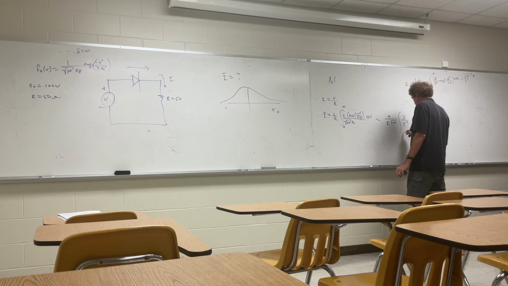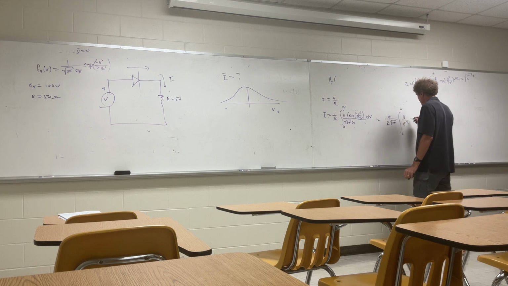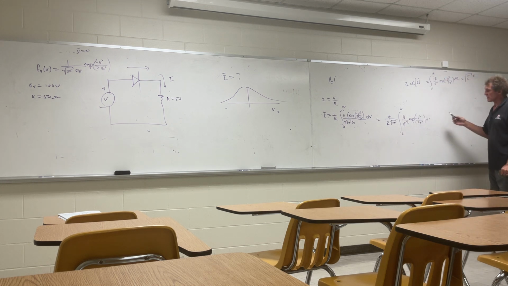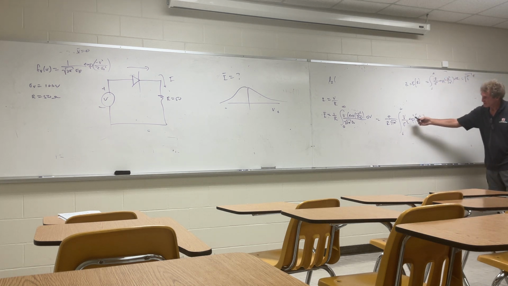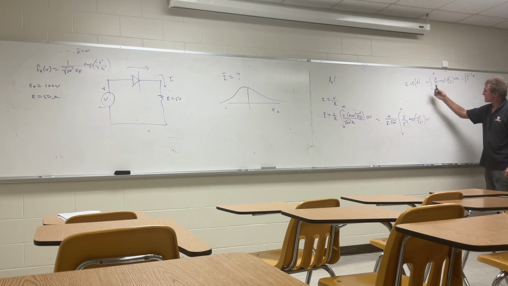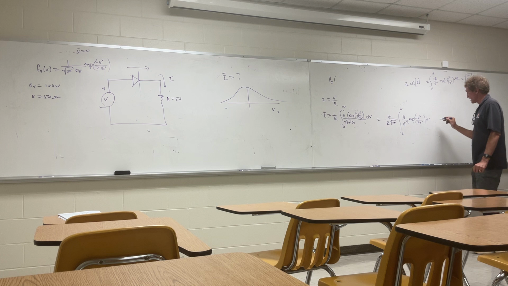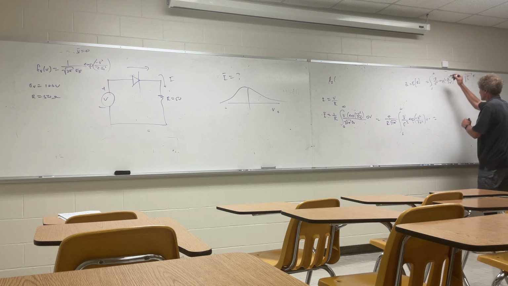It goes from 0 to infinity, exp to the minus V squared over 2 sigma squared dV. What I'm really trying to show you is that R is just like this. That R right there is resistance. That r is like the Rayleigh r, sigma squared is here, that r is like the V, that sigma is here. And this whole integral goes to square root of pi over 2 times sigma.